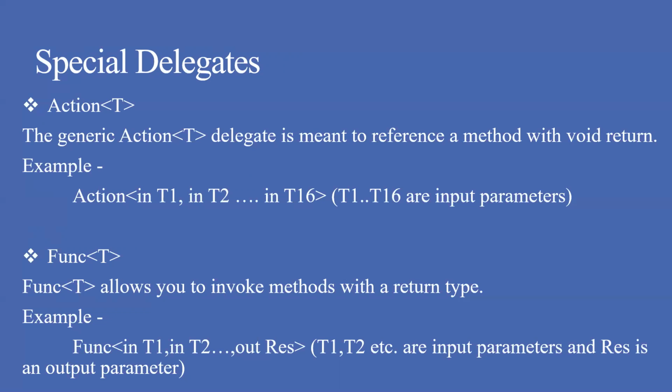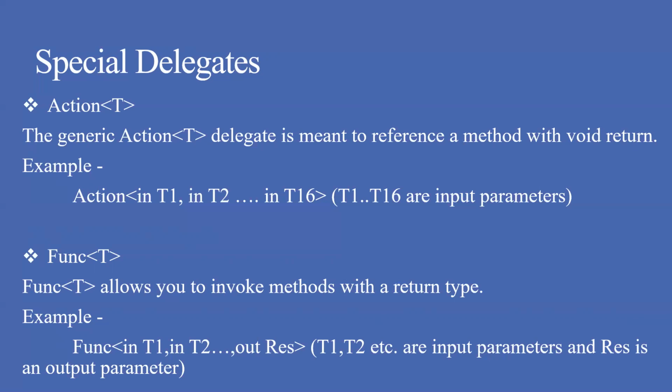The next is the Func delegate. It's also a generic delegate and it invokes methods with a return type. So we write Func, and in the angle brackets we write the input parameters. Since it is returning a value, it has a return type, so we are also creating one out parameter, res, for returning the value.